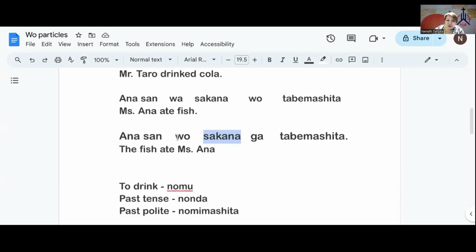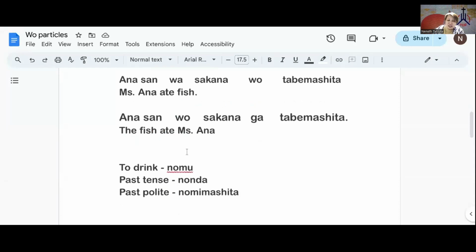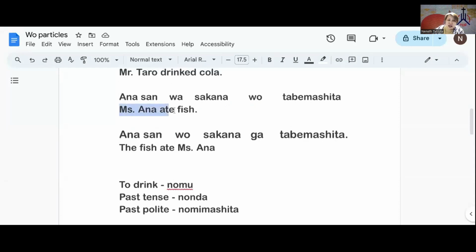Okay? I told you the wo always comes after the object. So always remember that. The wo is always after the object. So if here your object is sakana, because the wo is here, this time Ana-san now is the object because wo follows Ana-san. So the translation now is, if here Miss Anna ate the fish, here the fish ate Miss Anna.